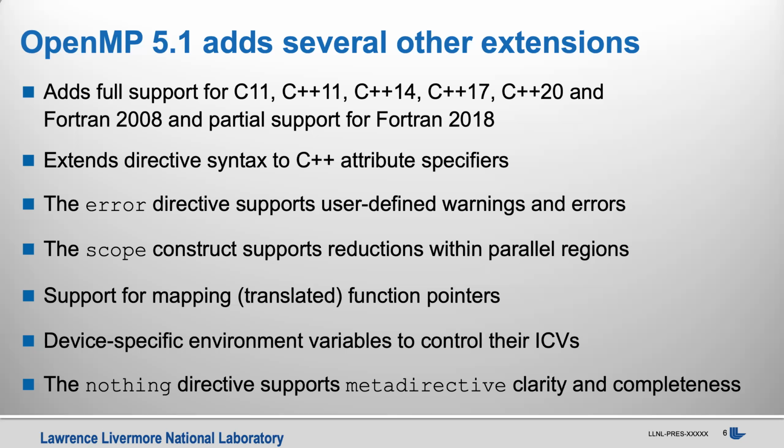One that I'm proud of is we've added the nothing directive, which has an amusing name, and what it does is, well, nothing. It's useful in particular with meta directives. So you can now specify that indeed you want nothing to happen in certain contexts. That enhances clarity.